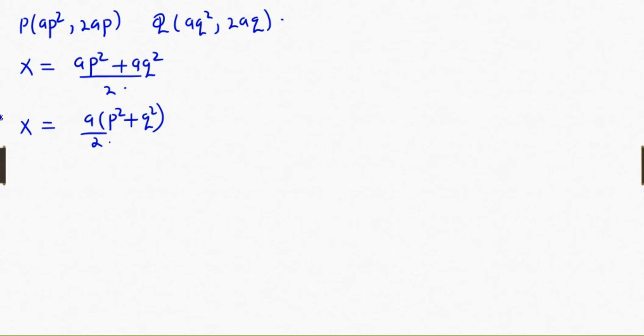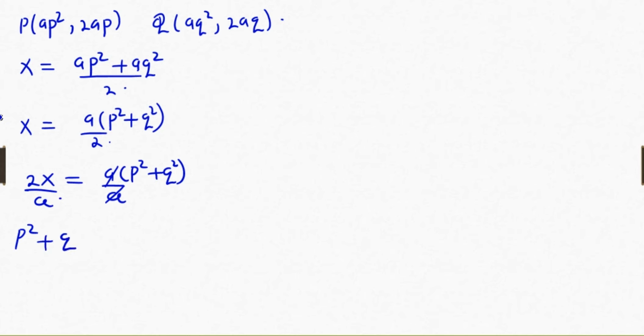So we multiply both sides by 2 and then divide by a. So we shall have p squared plus q squared is equal to 2x out of a.